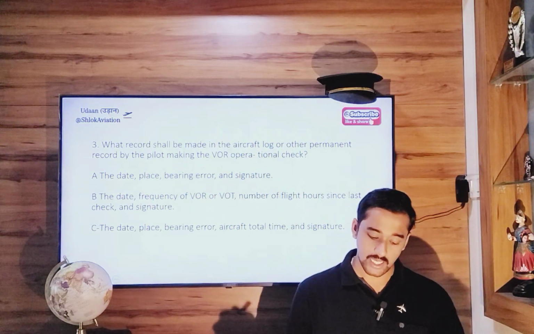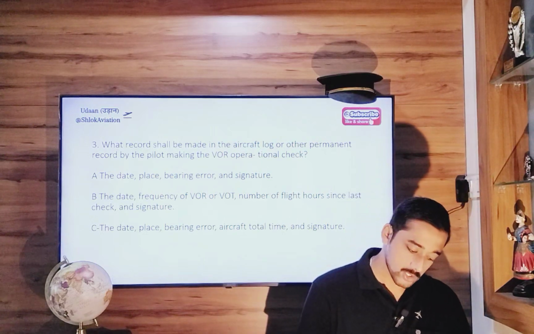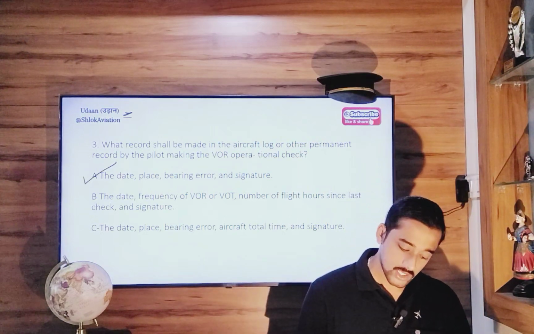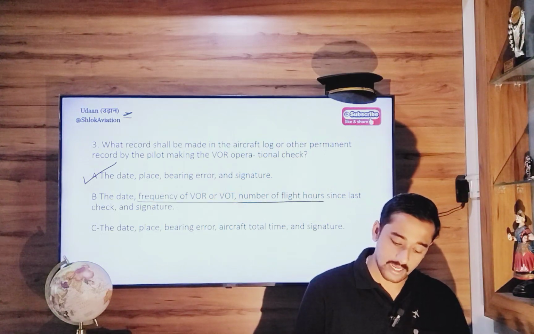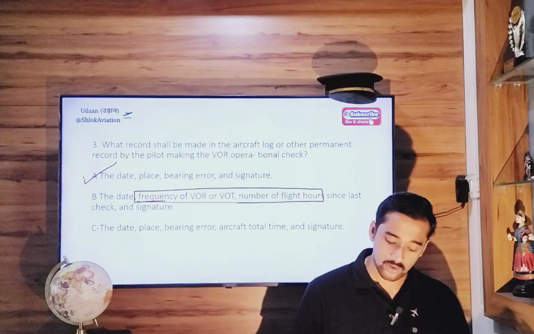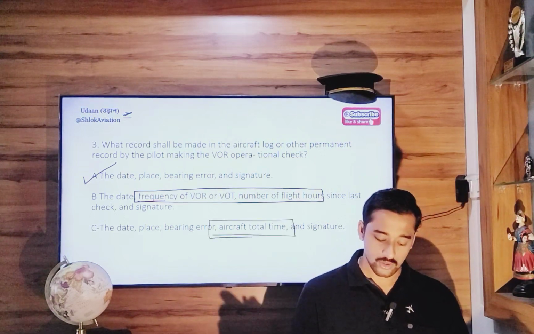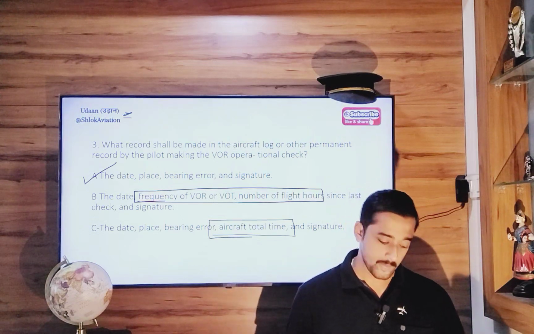Option C: the date, place, error, aircraft total time and signature. So the correct option is option A. Frequency of VOR or VOT test facility and number of flight hours are irrelevant. In option Charlie, aircraft total time is wrong. So you can easily eliminate Bravo and Charlie, and you're left with option A.